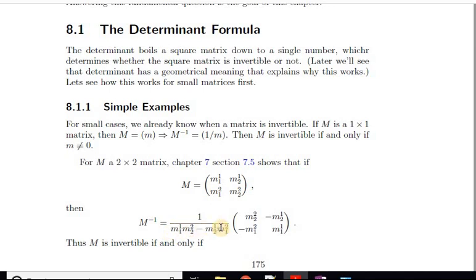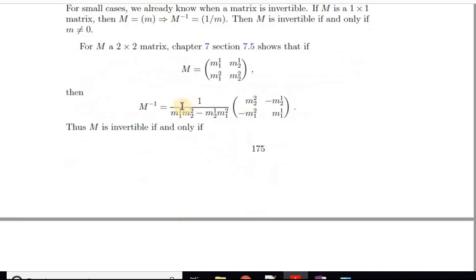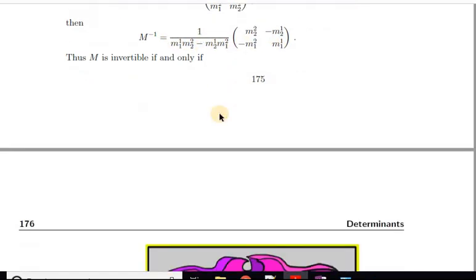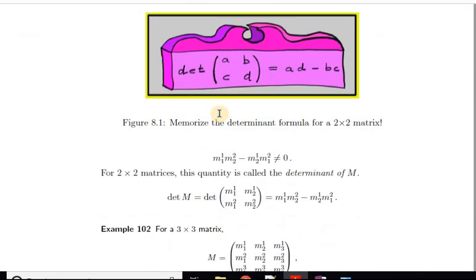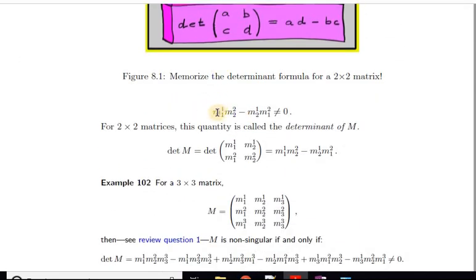If you remember how to do that in 2 dimensions, you do the diagonal entries multiplied together minus the off-diagonal entries multiplied together. And that's exactly what this formula expresses. So this expression makes sense if and only if this denominator is not 0.